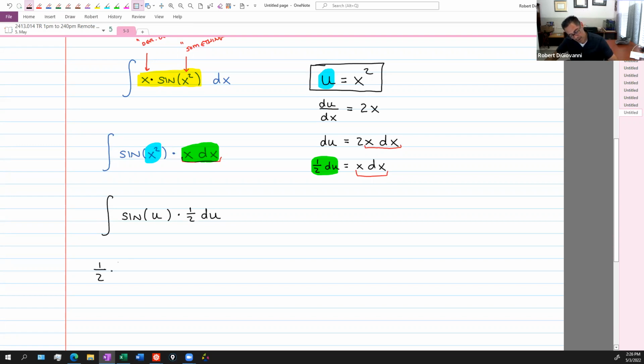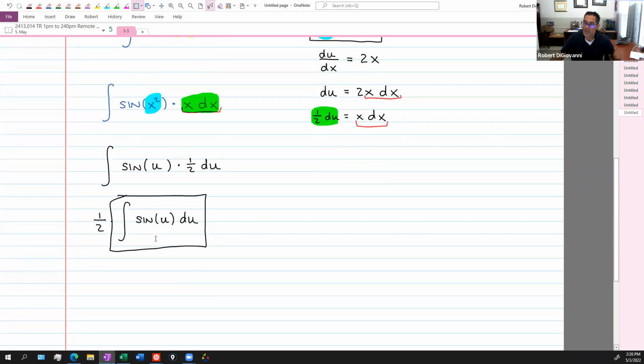I'm gonna bring the 1/2 out in front and now just sit here and look at sine u du. The reason I brought the 1/2 out in front is because 1/2 is attached to this function. And so when I find the antiderivative, the 1/2 is going to come for the ride. So I'm just going to bring the 1/2 completely out of this and focus all my attention now on figuring out what the antiderivative of sine of u is.